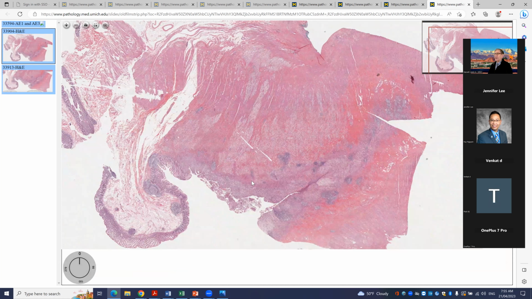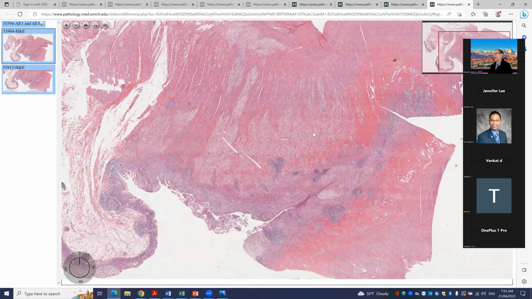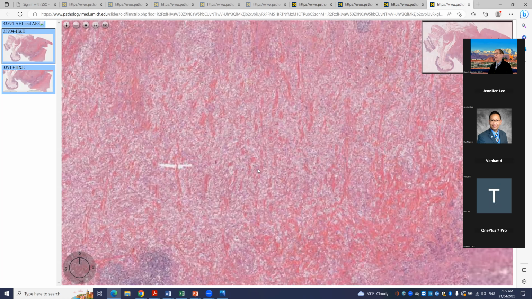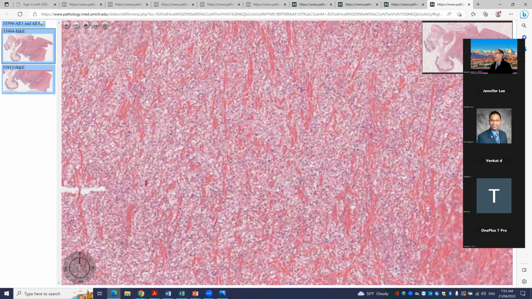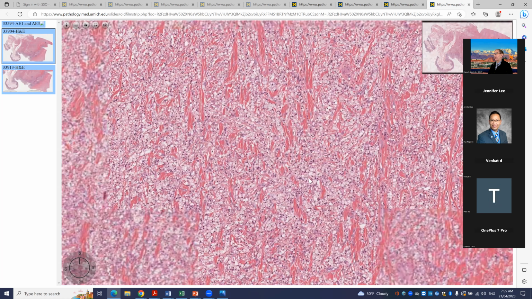Well, so this is another case where it looks like we have maybe a thickened wall here. The appendix, this is the orifice of the appendix, and everything here is thickened. And we see what's causing the thickening here is a neoplastic proliferation.